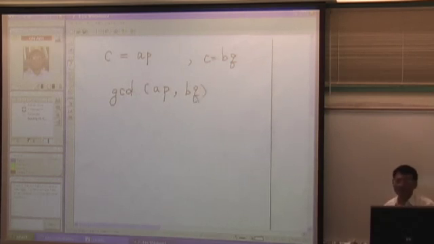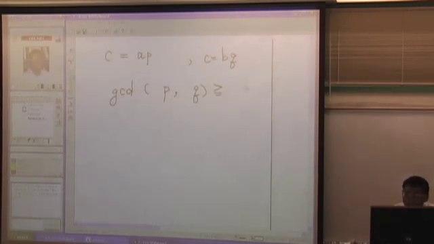GCD of AP, BQ should be greater than or equal to GCD of, just a moment, GCD of P and Q, A, B. GCD of P and Q is greater than or equal to 1.